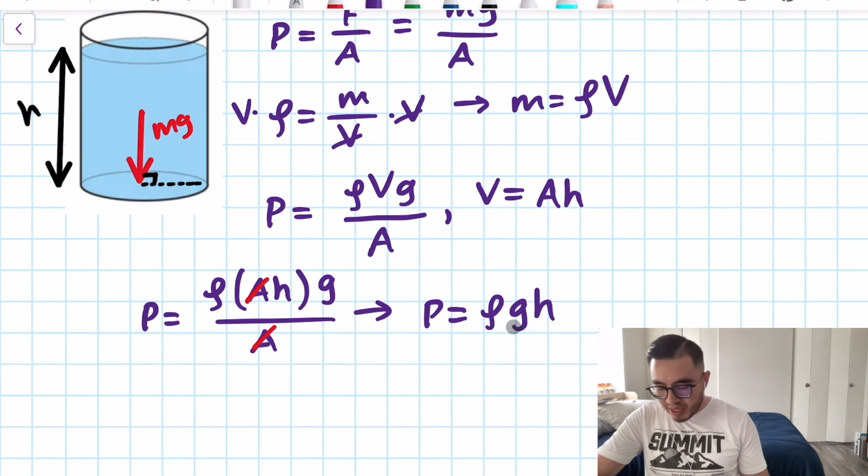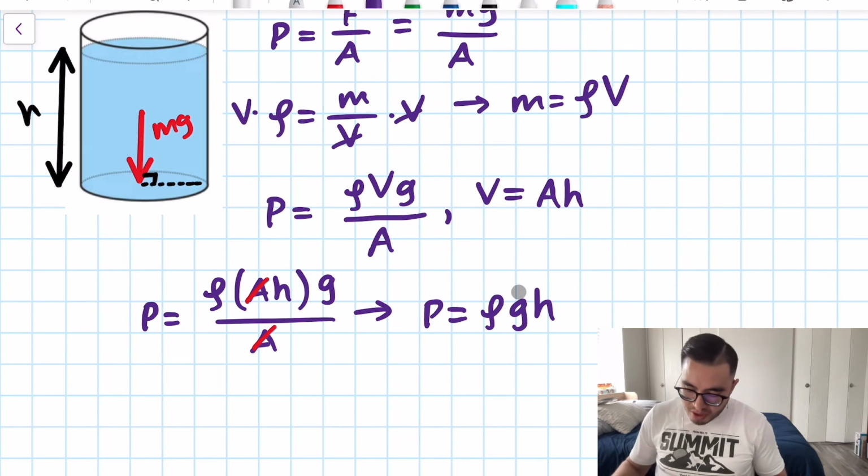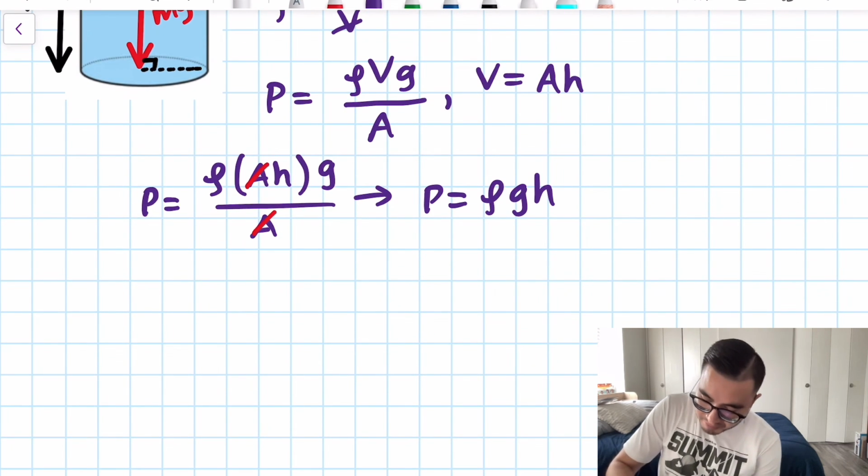It's kind of fun, actually. So this h is depth. The deeper you go, the greater the pressure. Also, all these are directly proportional. The greater the density, the greater the pressure, the greater the depth, the greater the pressure. And g is just a constant. So let's write down what this is so we don't forget.